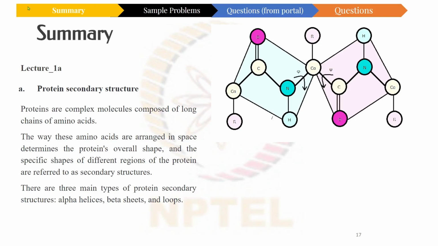The phi angle is between the nitrogen and the C alpha atom in the protein backbone, and the psi angle is the angle between the C alpha carbon and the carbonyl atoms. The values of these angles are often plotted on a Ramachandran plot, which shows the distribution of phi and psi angles in a protein.